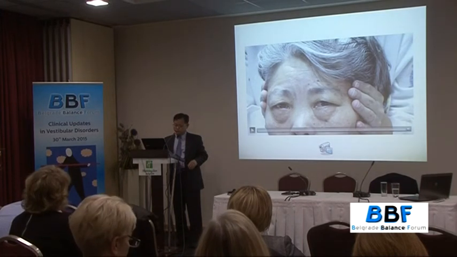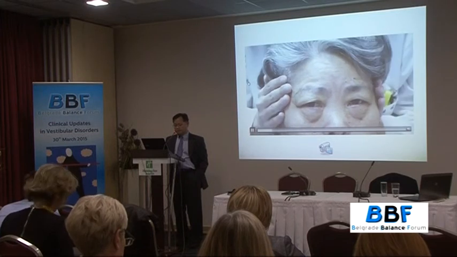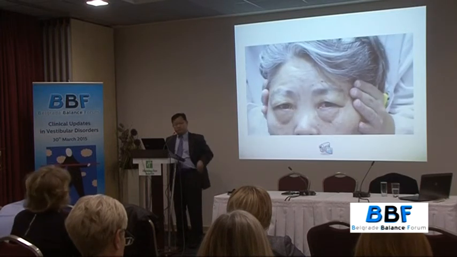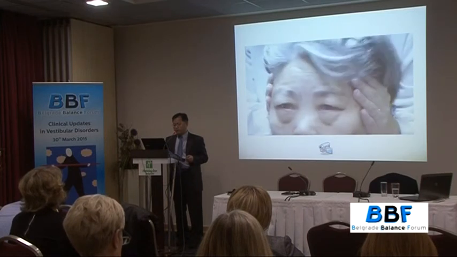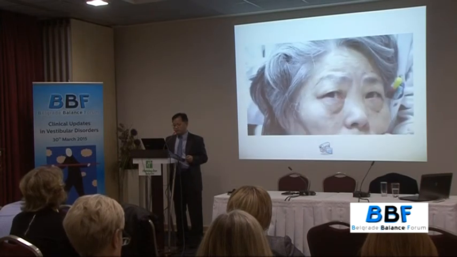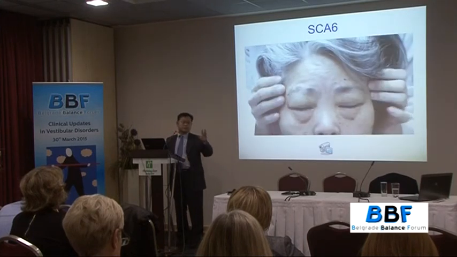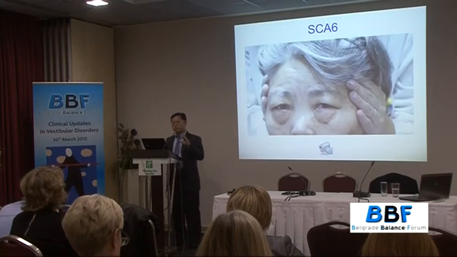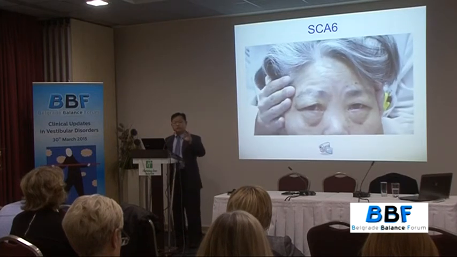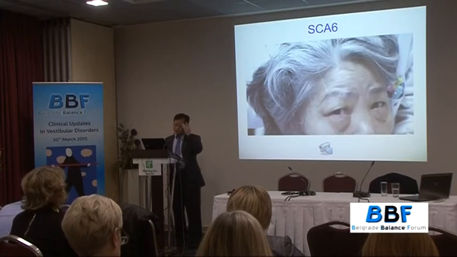But see this patient with bilaterally impaired head impulse test. In this case, she had a mutation of SCA6. I'm not sure whether you are familiar with this type of cerebellar ataxia.